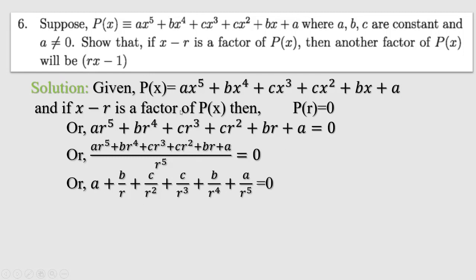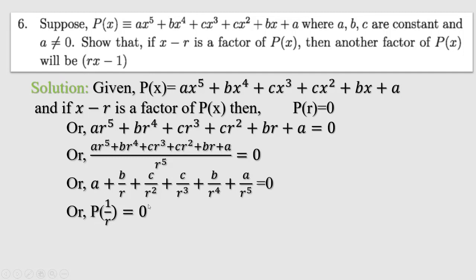Actually, this is the value of p of 1 by r. If we place 1 by r in place of x, then we get a by r to the power 5, b by r to the power 4, c by r cube, c by r square, b by r, and plus a. So this is actually p of 1 by r equal to 0.